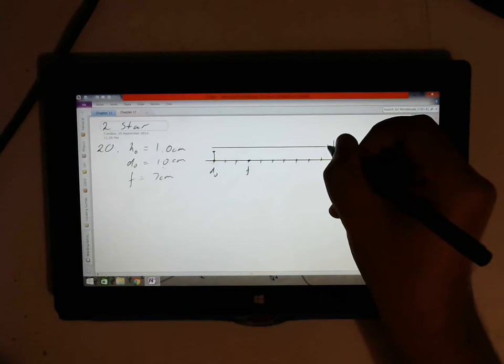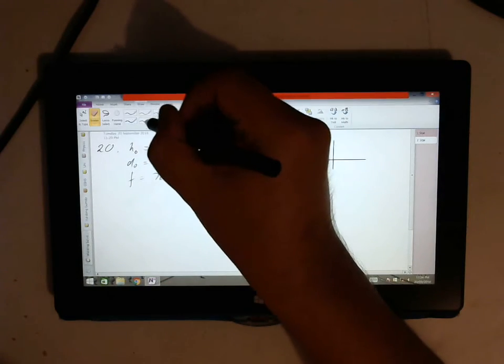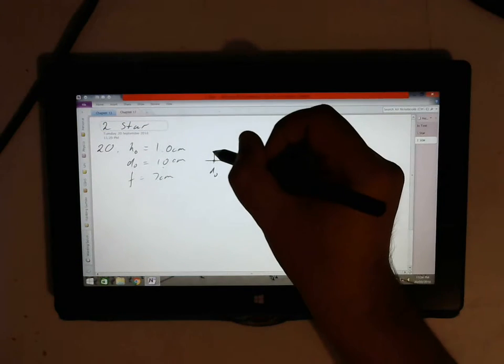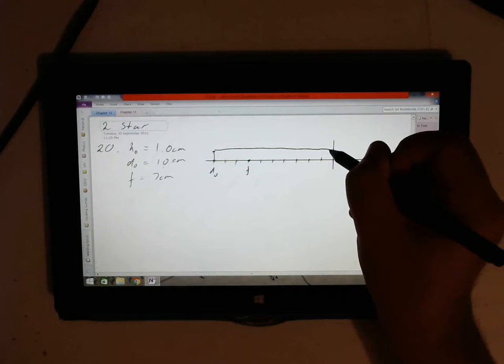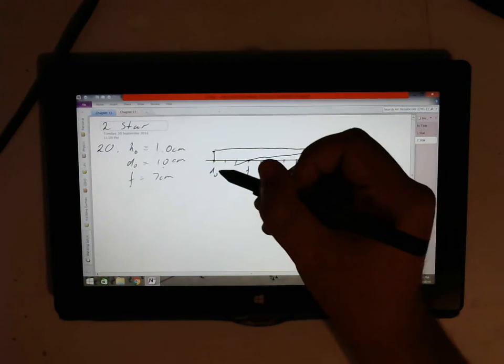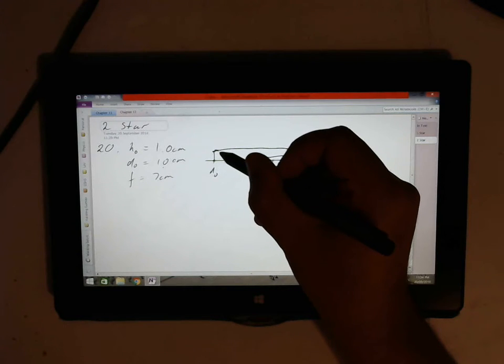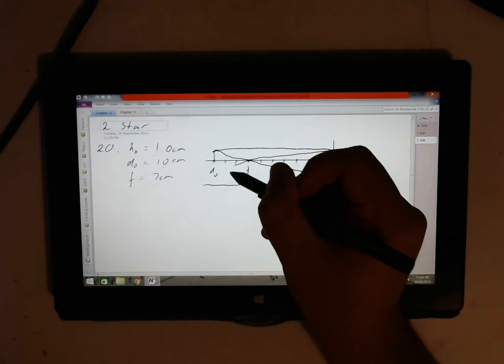It's very annoying. Let's do it freehand. This is going to really suck, but from here and then back through the focal point, and the second one goes through the focal point to the mirror. It's going to be somewhere down there, and then back roughly on a straight line.